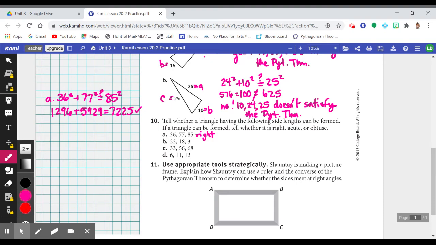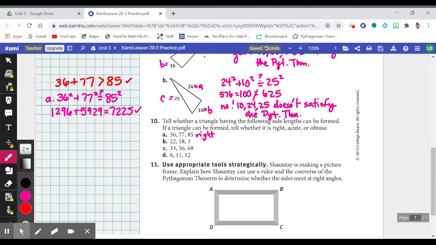So that math is simply the two shorter sides added together. Notice I'm not squaring anything. I'm just seeing if the sum of these two shorter sides is actually greater than 85. And that is a true statement. So it could be a triangle. And now that we know it's a triangle, we prove that it's a right triangle.